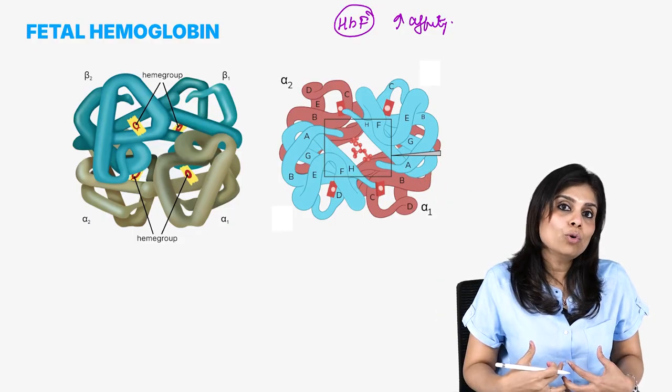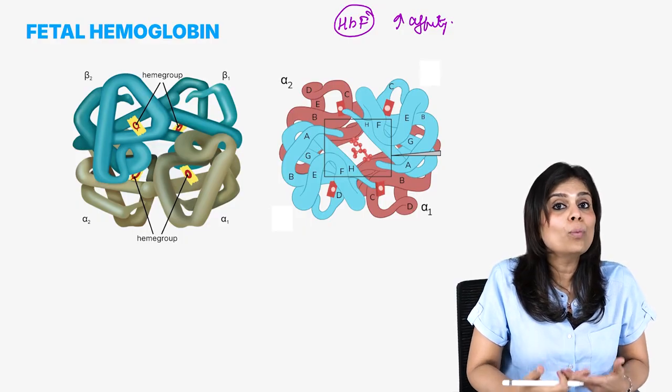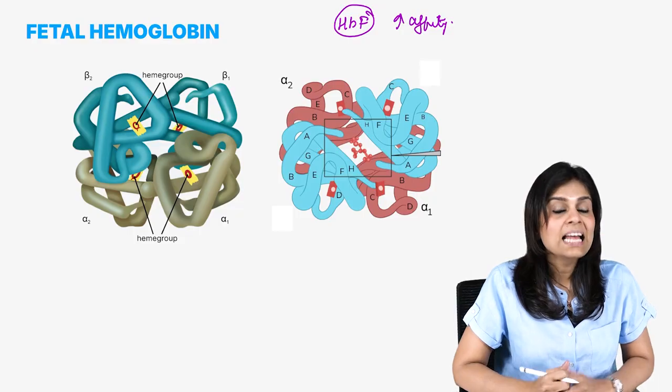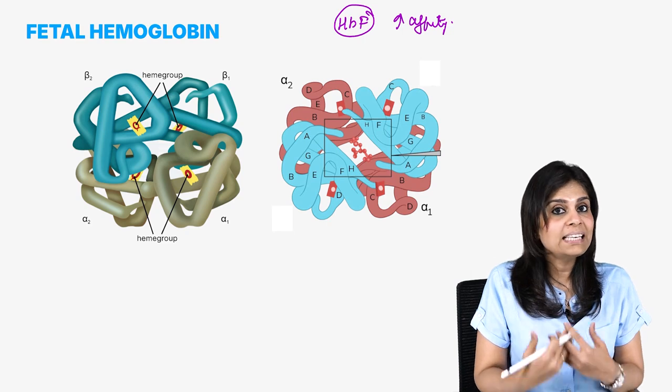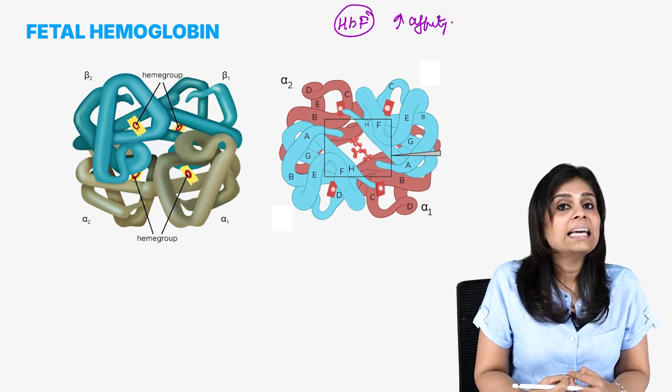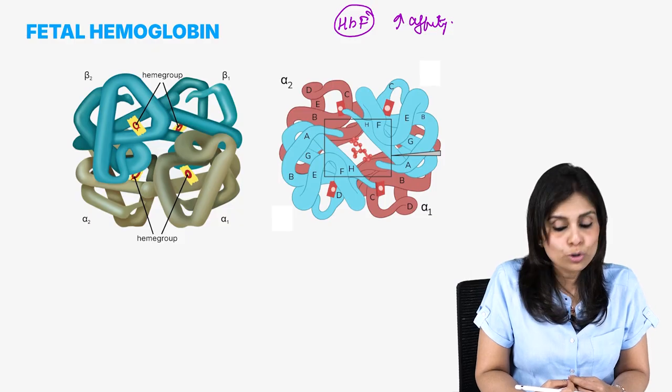So fetal hemoglobin should be capable of accepting oxygen from relatively lower partial pressure of oxygen. That is why it exhibits higher affinity. But how does it exhibit higher affinity? It is because fetal hemoglobin is not alpha 2 beta 2, it is alpha 2 gamma 2.